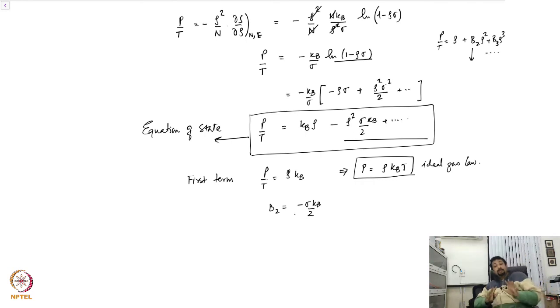So the system behaves as if there is some kind of an interaction inbuilt, and that has essentially come from the fact that you have used the excluded volume by saying that, look, two particles cannot sit on top of each other because one particle has a certain amount of size. You will later on learn about this virial expansion more when we do interacting systems.